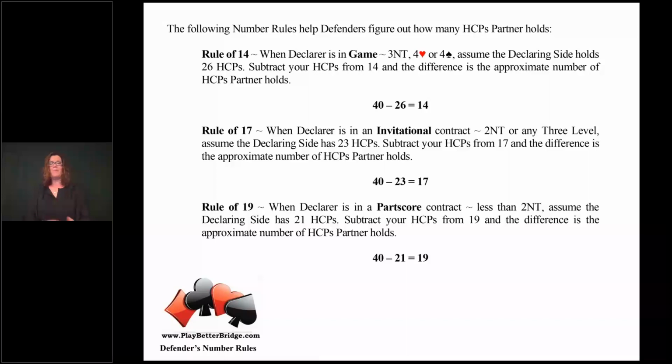Count your high card points up, subtract from 19, and voila, you know how many high card points approximately your partner holds. First review the auction, then do your number rule. We're working through the defender's checklist.